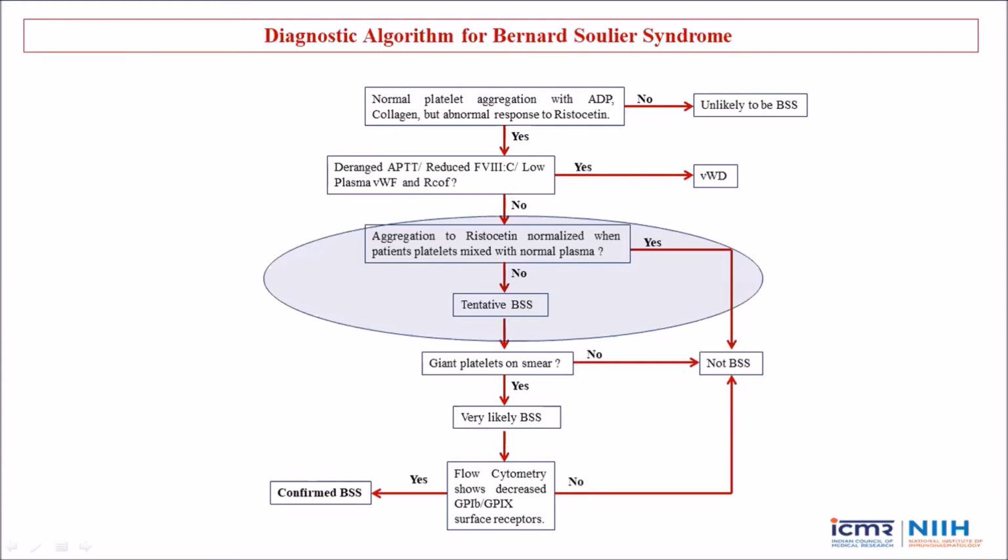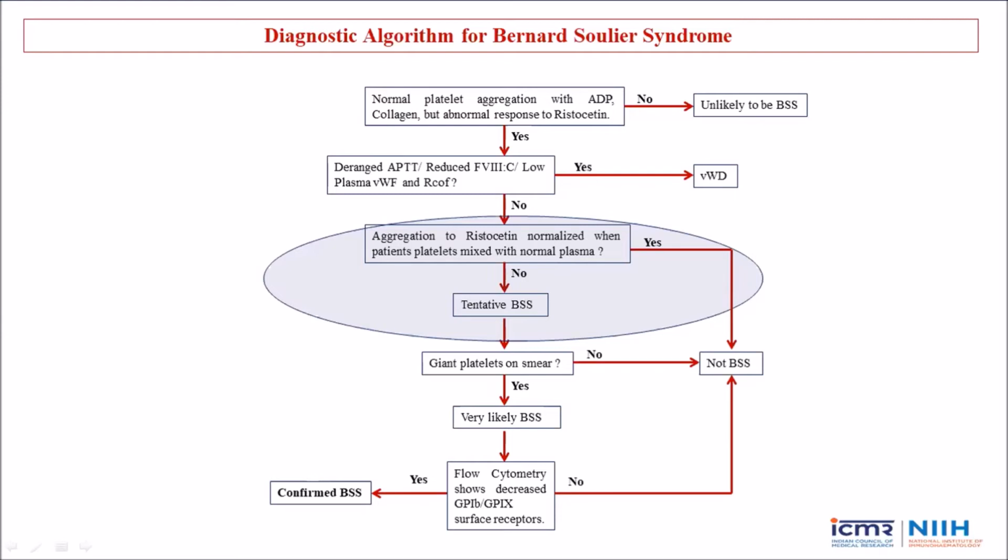If yes, then you look for APTT as well, in fact APTT and factor VIII, because in von Willebrand disease, along with ristocetin-induced aggregation defect, there is also deranged APTT, because the problem in von Willebrand disease is not the receptor, but the von Willebrand factor. That's why you have to do an APTT also. And if the APTT is normal and factor VIII is normal, then you can suspect that it could be Bernard-Soulier syndrome.